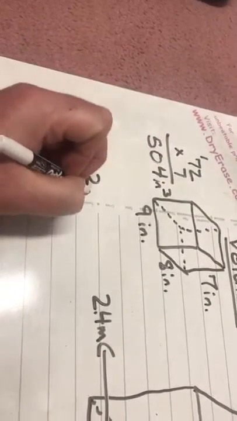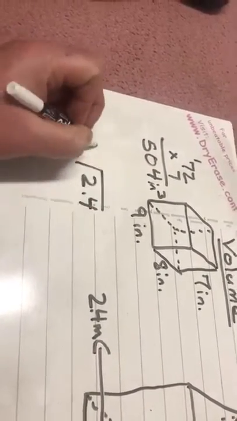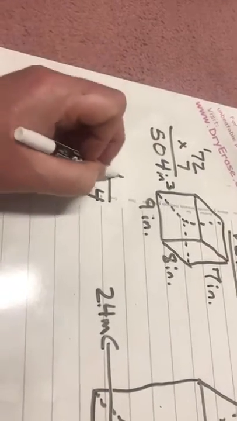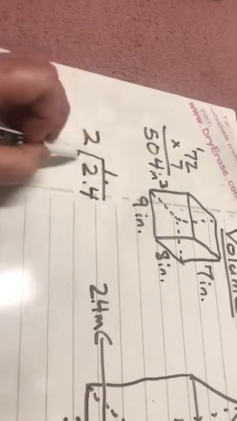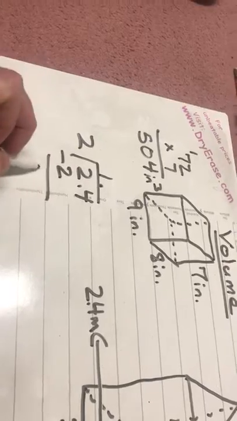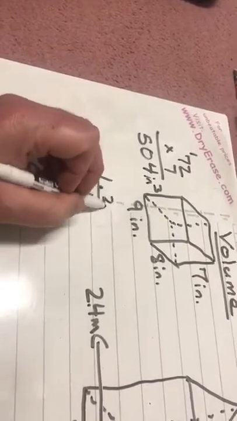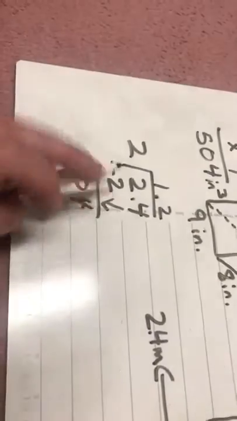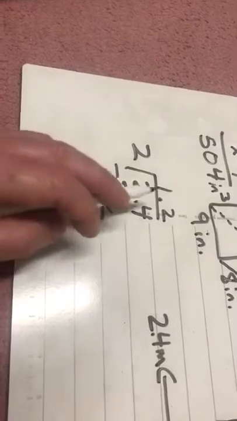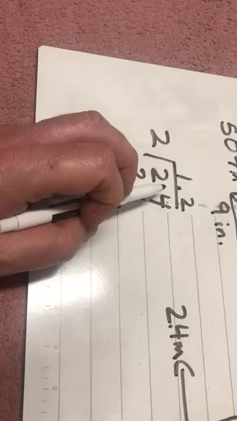If I divide 2.4 by 2, 2 can go into 2 once. Bring my decimal straight up. 1 times 2 is 2. 2 minus 2 is 0. Bring down the 4. 2 can go into 4 twice. I know that 2 times 2 is 4, so there's none left over, and I get 1.2. Half of 2.4 is 1.2.